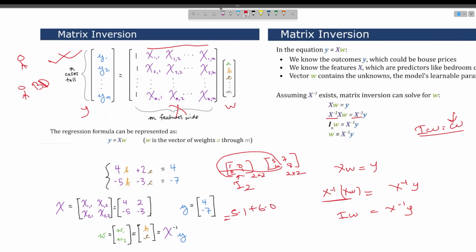Then the same thing happens with these two, 5 into 0 plus 6 into 1. Then the same happens for 7 into 1 plus 8 into 0, and 7 into 0 plus 8 into 1. So what we end up with is 5, 6, 7, 8. Whatever you multiply with the identity matrix stays the same.